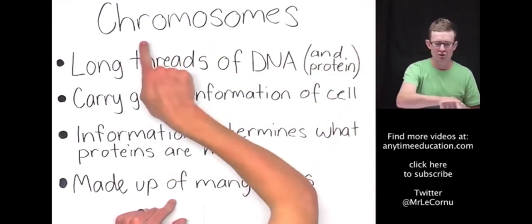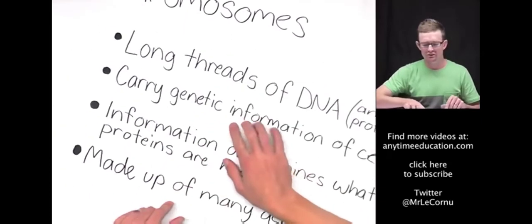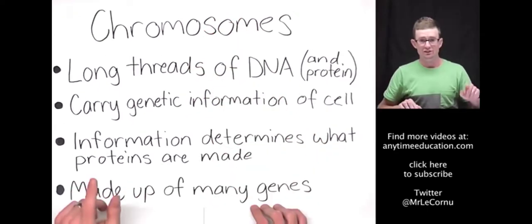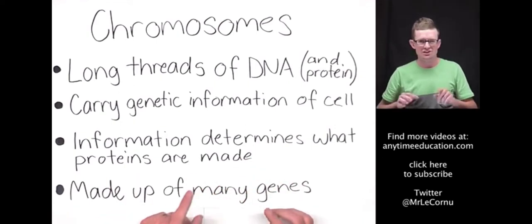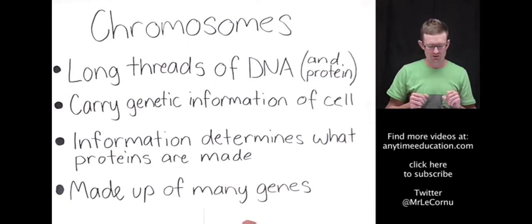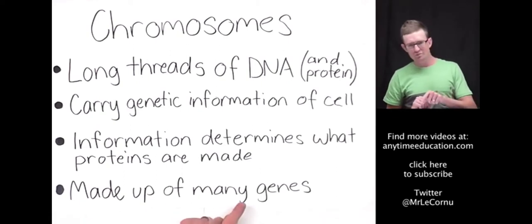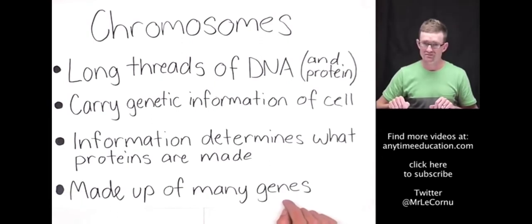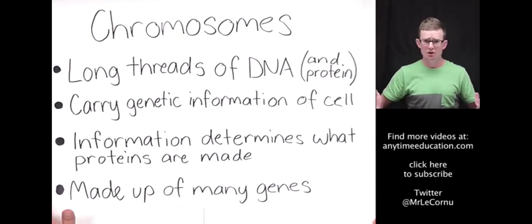Well then obviously if chromosomes are made of DNA, then they too carry genetic information of a cell. The information determines what proteins are made. So that is what the information is for. It determines what proteins are made. And they're made up of many genes. Something else that we're going to talk about, genes, coming up soon. So they're the main points about chromosomes.